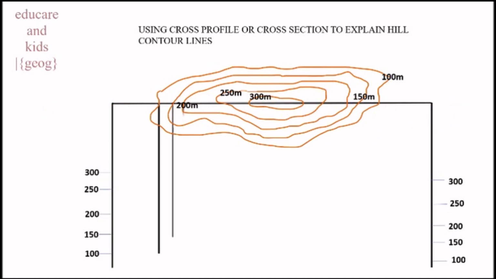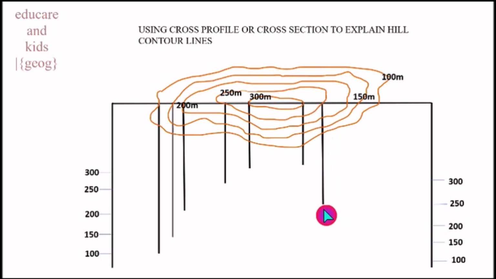So this is contour 200, you trace it to 200. Then this is contour 250, you trace it to 250. Contour 300, you trace it to 300. This is also contour 300, you trace it to 300. And then this is contour 250, you trace it to 250.